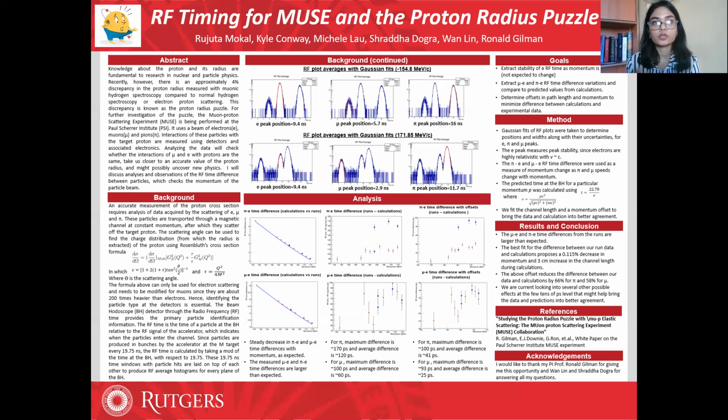The third conclusion was to understand that the offsets in our calculations are merely a guide to the offsets that we can apply to our actual data once we understand our electronics better than we do currently. We are also looking into several other possible effects at the tens of picoseconds level that might help bring our data and our calculations into a better agreement.